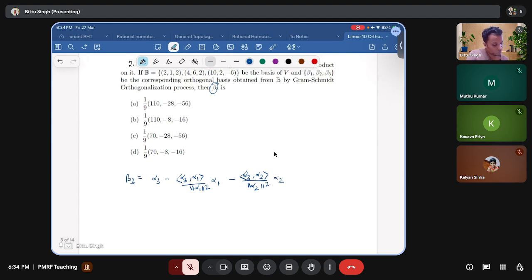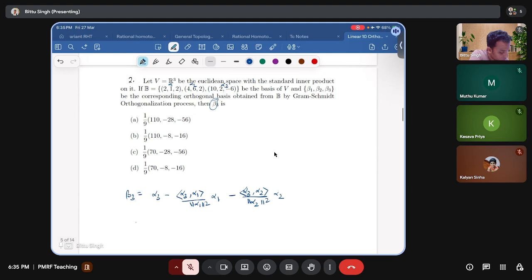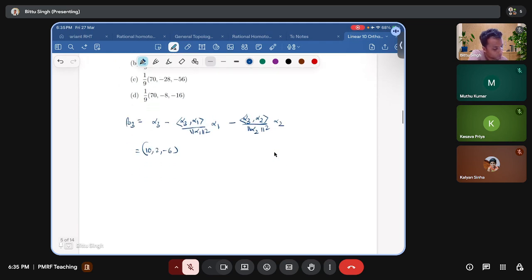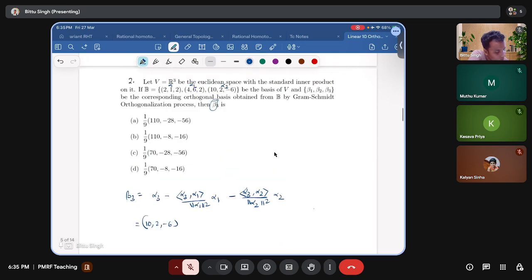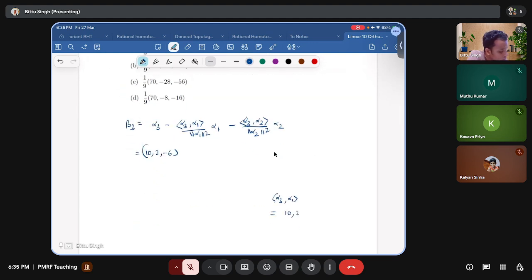So we need to again calculate those things. Here this is alpha 1, alpha 2, and this is alpha 3. So alpha 3 is (10, 2, -6). Now what is the inner product of alpha 3 and alpha 1? Let me calculate those things directly.